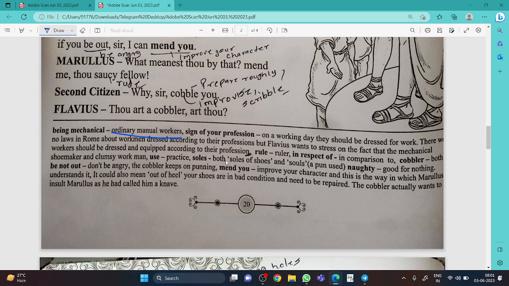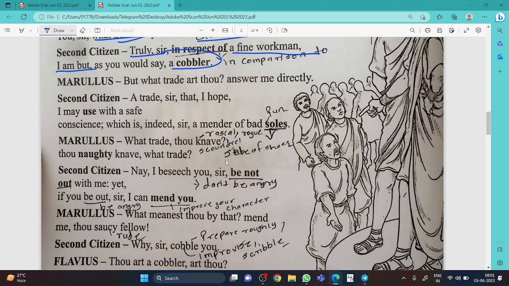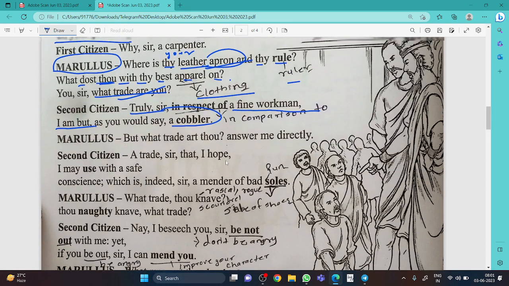Try to understand from here. In respect means in comparison to a fine workman, I am but, as you would say, a cobbler. Means I'm not just like any other person who has got a fine job to do, but I am simply a cobbler, as simple as that. Who mends shoes? Who mends what, beta?